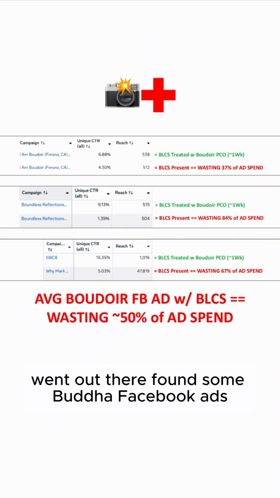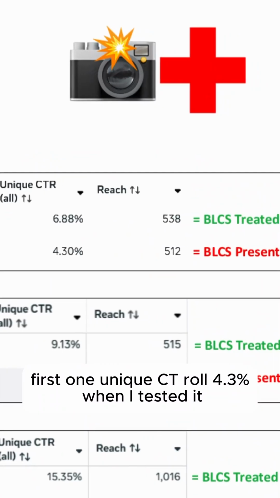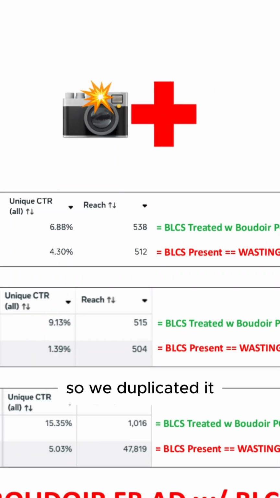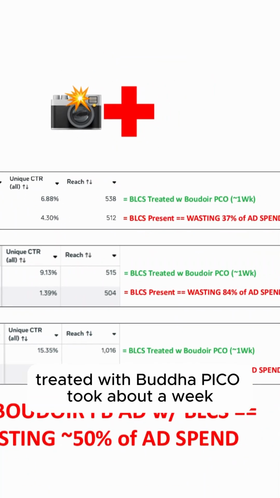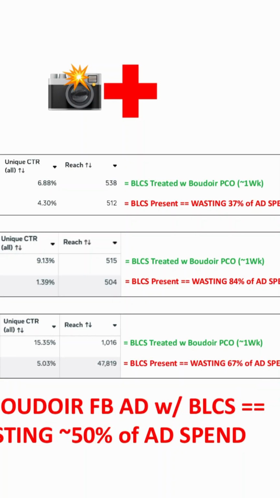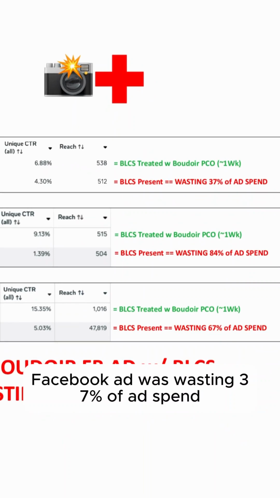Went out there, found some boudoir Facebook ads, brought them back to the hospital. First one, unique CTR 4.3% when I tested it. All right, unique CTR is under 6%. That means BLCS is present. So we duplicated it, treated it with boudoir Pico. Took about a week. Got the unique CTR up to 6.88%. So we found out the original boudoir Facebook ad was wasting 37% of ad spend.